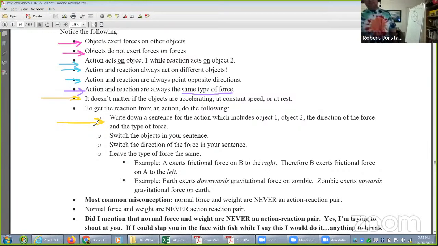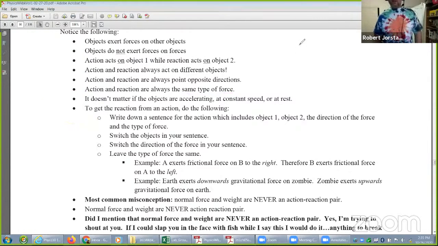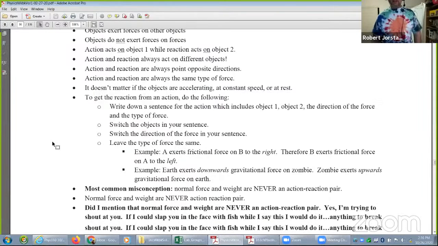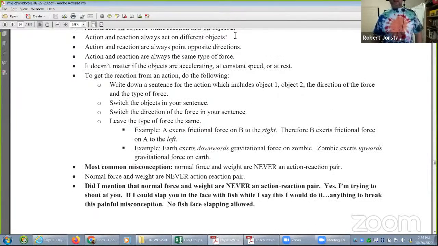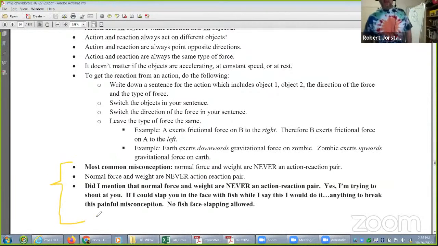you're done. And then notice, this kind of alludes to the point that I tried to deliberately trick you into. Remember, I got Esteban to say normal force and mg were action-reaction pairs. That's the most common mistake. And now that you know, there's no excuse. But I guarantee on your final exam, a third of the class will tell me that normal force and weight are an action-reaction pair.